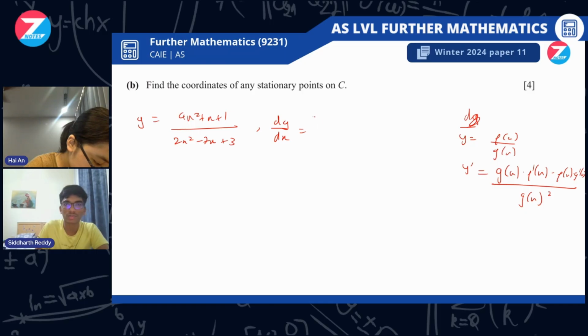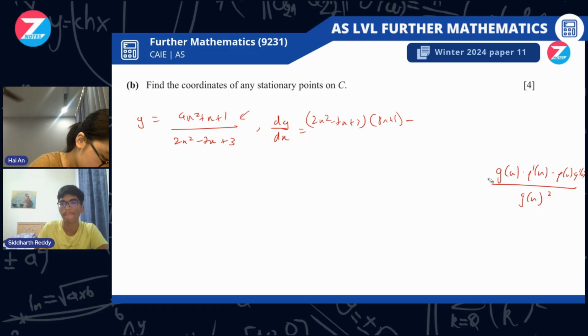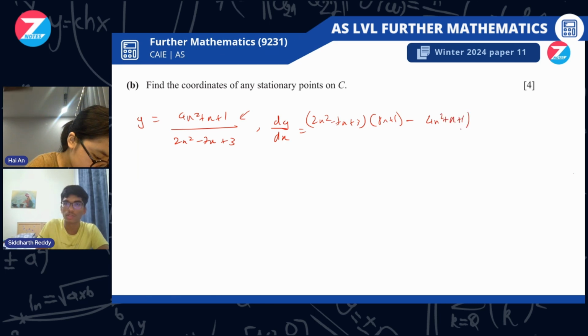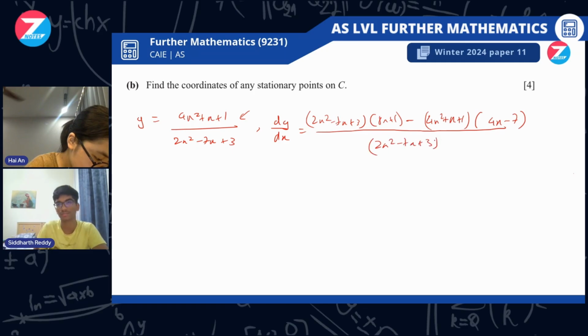So dy by dx is equal to (2x squared minus 7x plus 3) into the derivative of the numerator, which is 8x plus 1, minus (4x squared plus x plus 1) into (4x minus 7), divided by (2x squared minus 7x plus 3) whole squared.